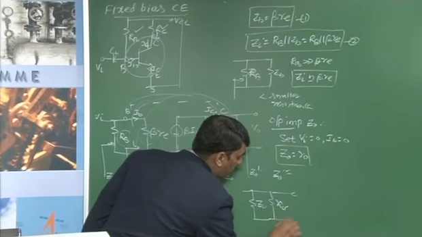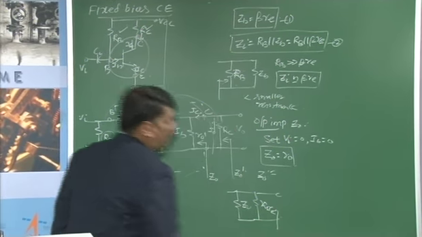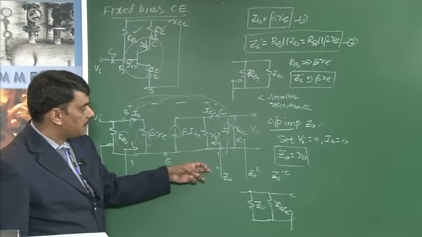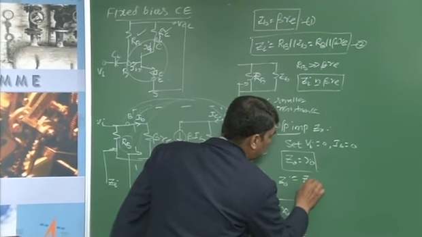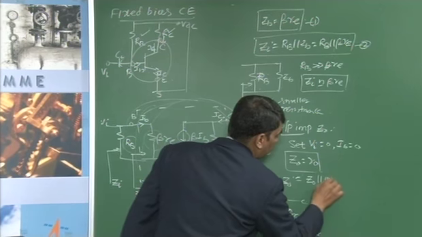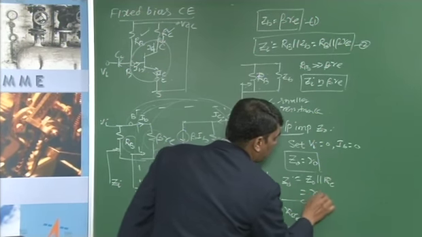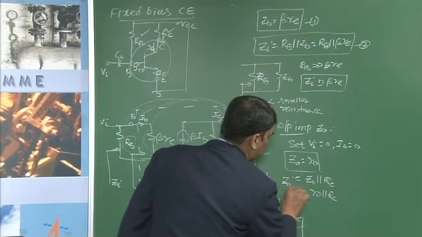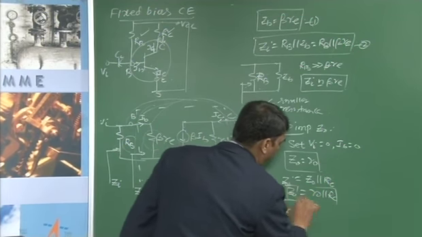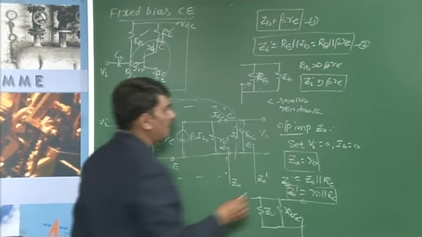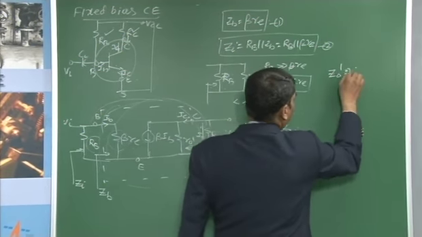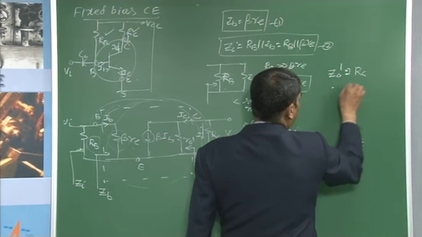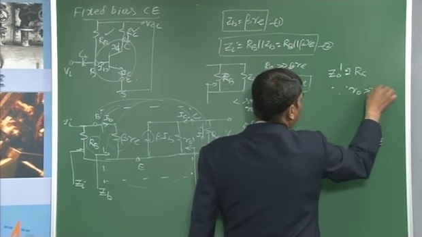Looking into the terminals of the collector emitter junction, Z0 dash is nothing but a parallel combination of Z0 with RC, which is R0 in parallel with RC. Z0 dash is approximately equal to RC, because R0 is much greater than RC.